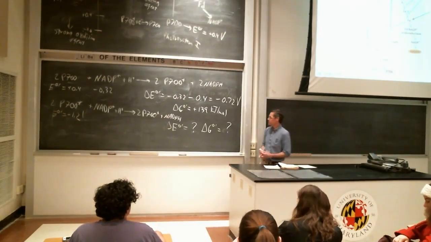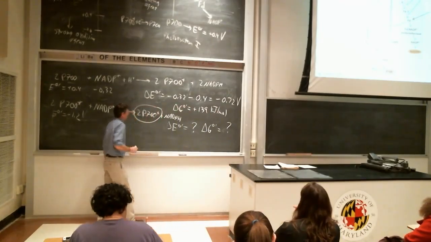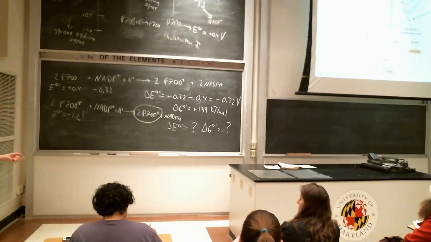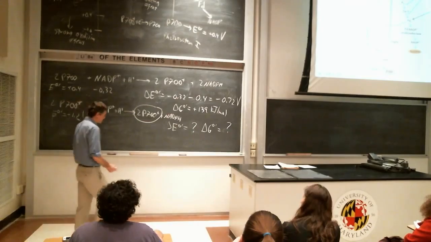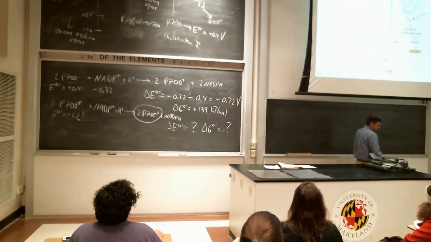The other side of it is, again, as I indicated last time, the rest of the Z scheme exists to get electrons back into P700 plus to reduce it back to where it started. So let's look at the left-hand side of the Z scheme.